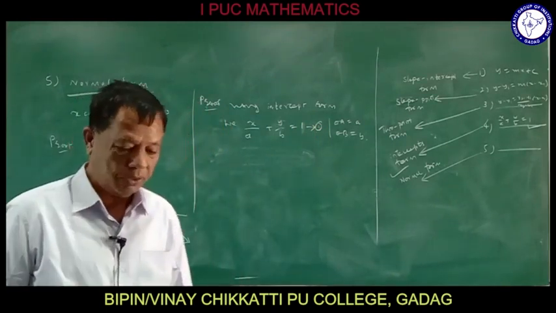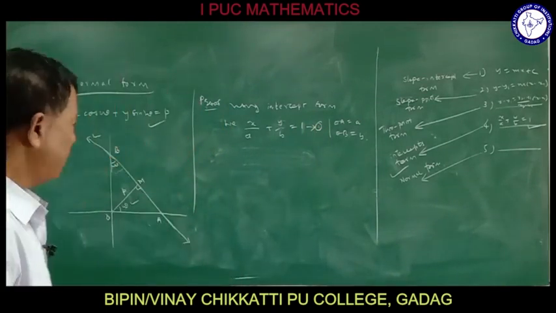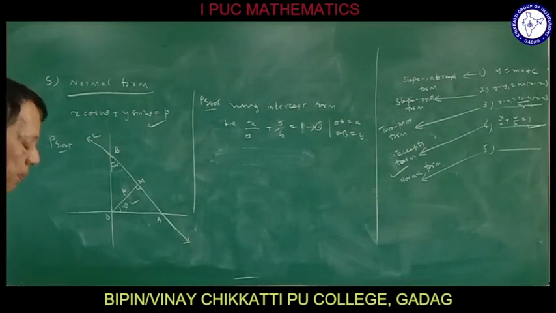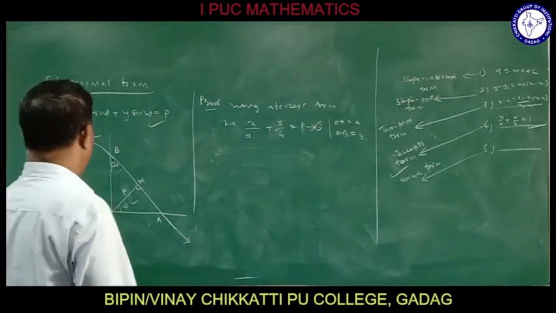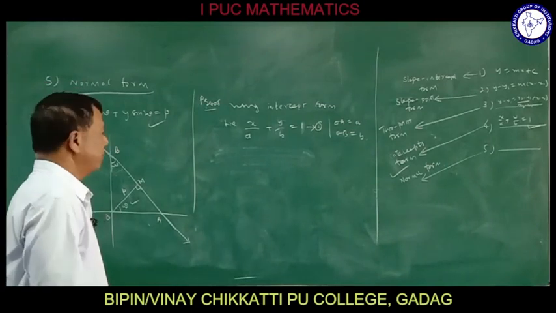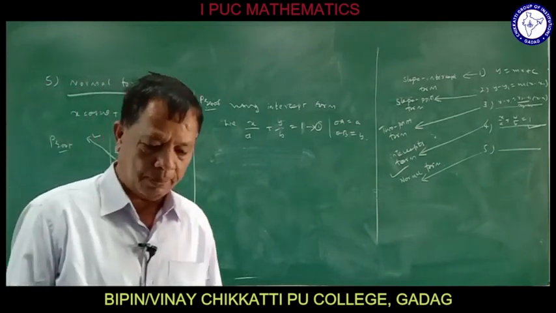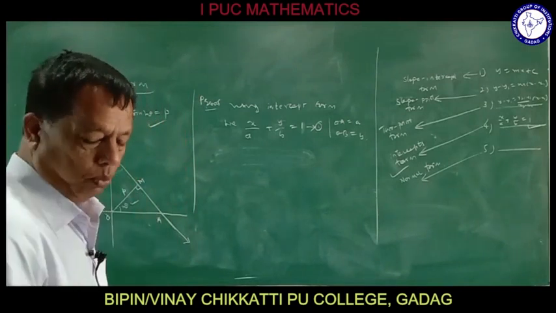Which form is this? Intercept form. And as already told, draw OM perpendicular to the line L, and you know OM is equal to P. There are two triangles that can be considered here, OAM and OBM.